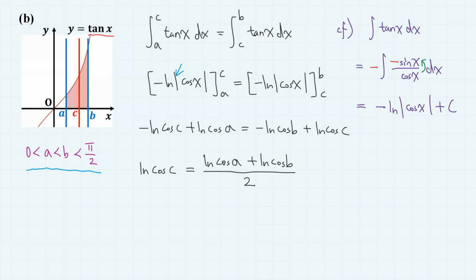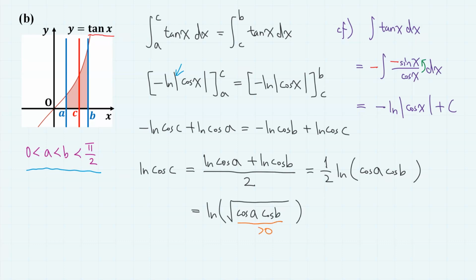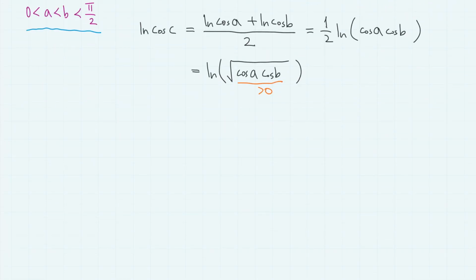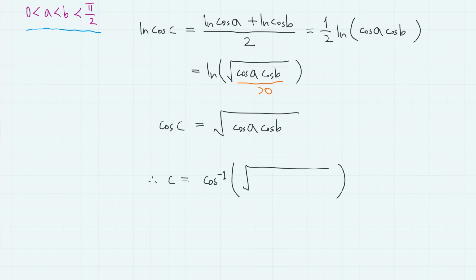If we combine two logarithms, we can write this as 1/2 times ln cosine a cosine b, which is equal to ln of the positive square root of cosine a cosine b, because in this problem we know for sure that this is positive. This gives cosine c equals square root of cosine a cosine b. Therefore, c equals inverse cosine of square root of cosine a cosine b.